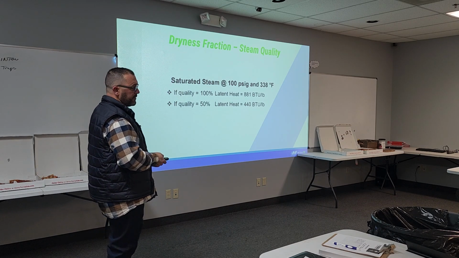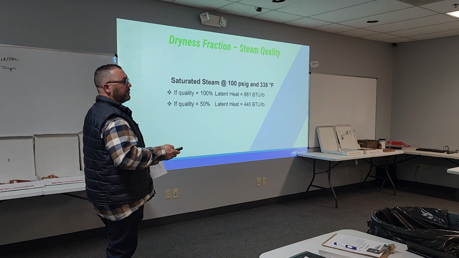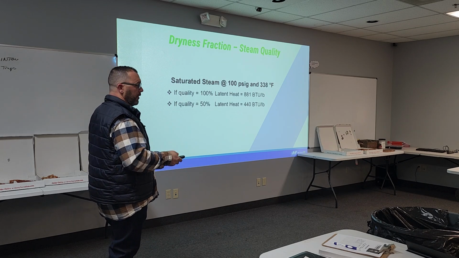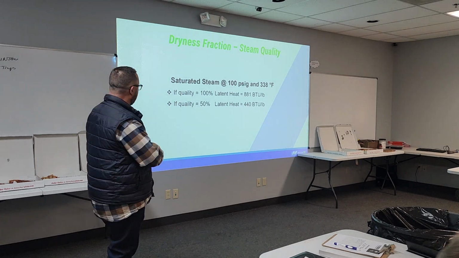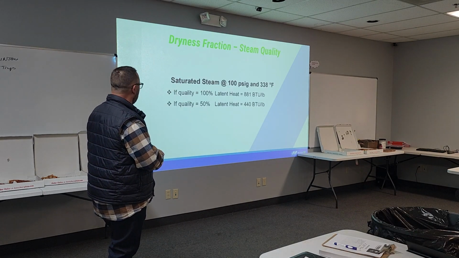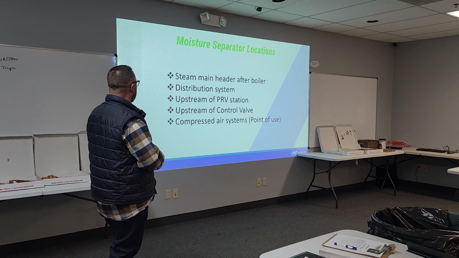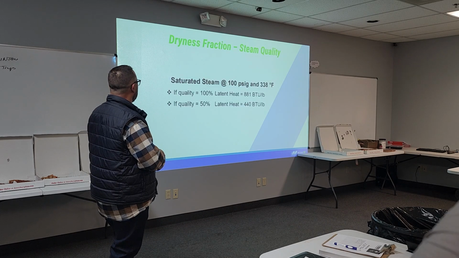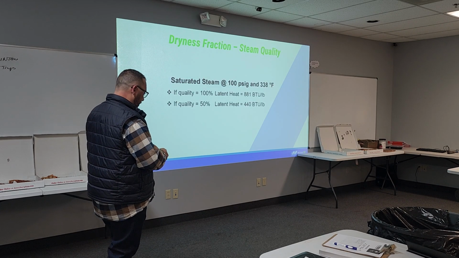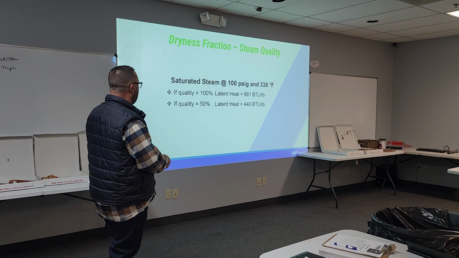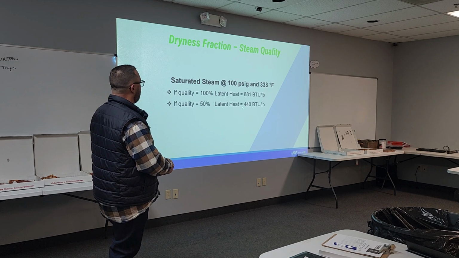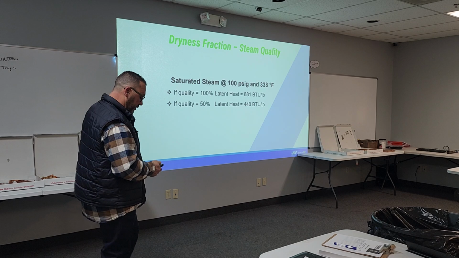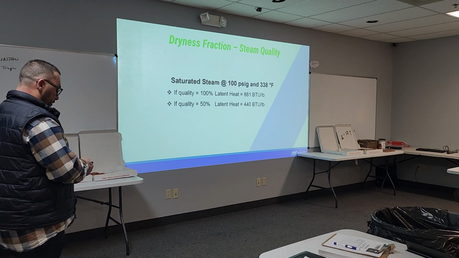If you've got 50%, maybe you're trying to produce more steam than your boiler will allow, and you're getting carryover. That's where you get that kind of low quality steam, 50%. And now, when your process says you need 900 or 800 BTUs of steam, you're producing half of that. So just something to think about.